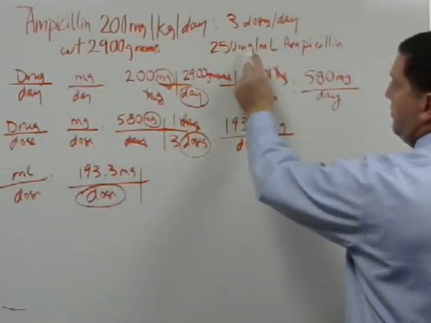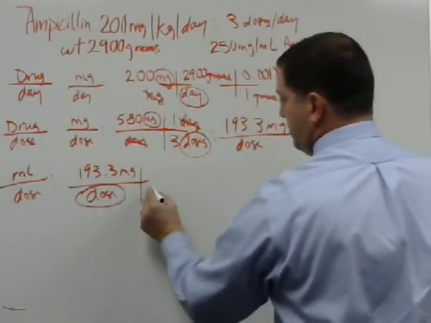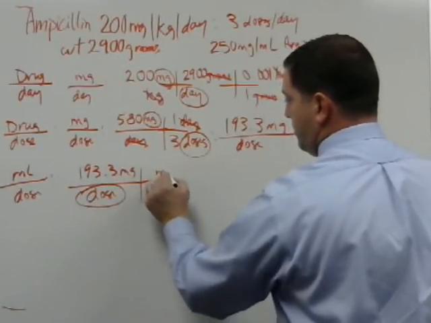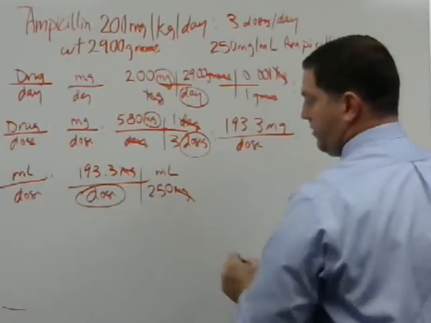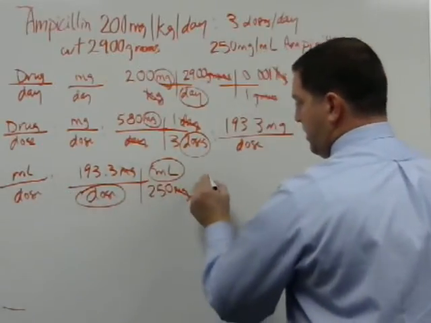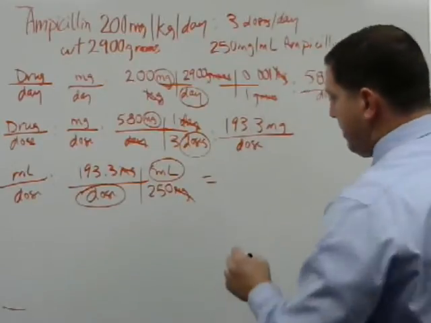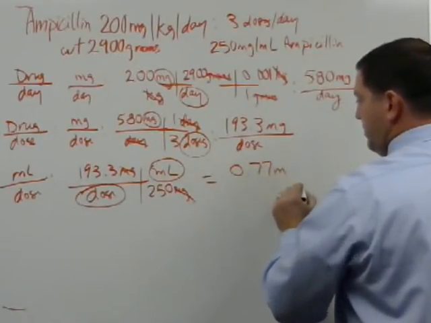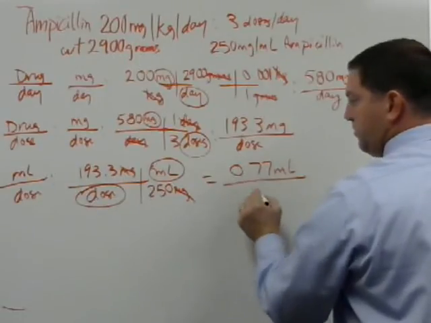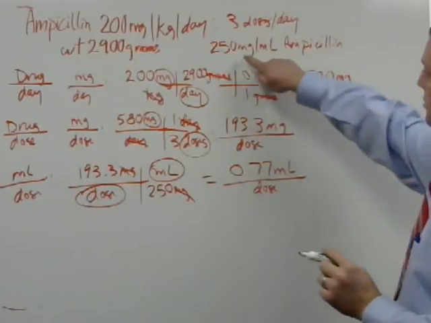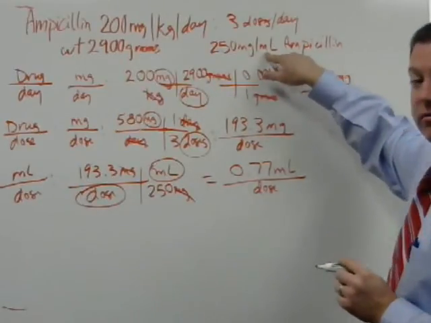I have milligrams per mL here, so I put the 250 milligrams on the bottom. That way I can cancel out the milligrams, and now I have mLs per dose. That comes out to where I will draw up 0.77 mLs per dose from this 250 milligram per mL vial.